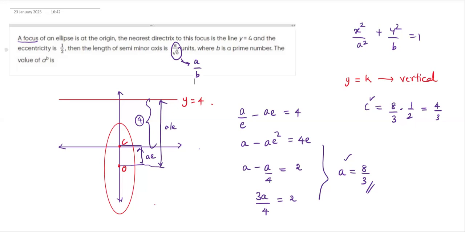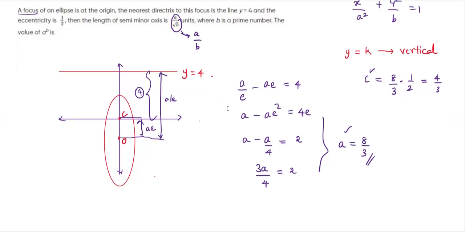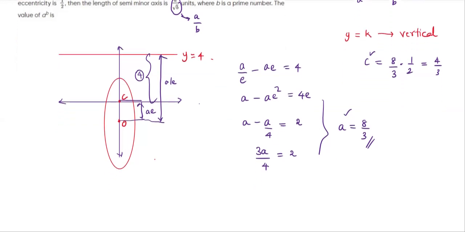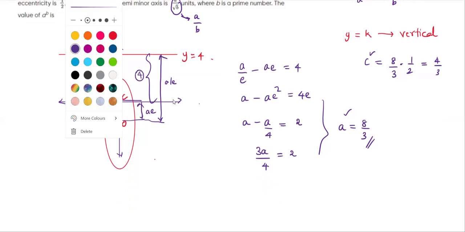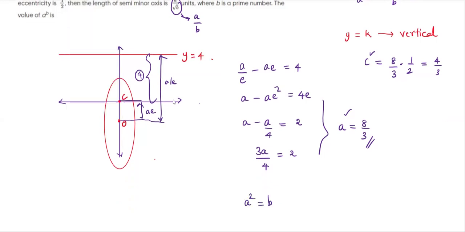So let's start solving for b. We know the relation among a, b, and c: a square is equal to b square plus c square.